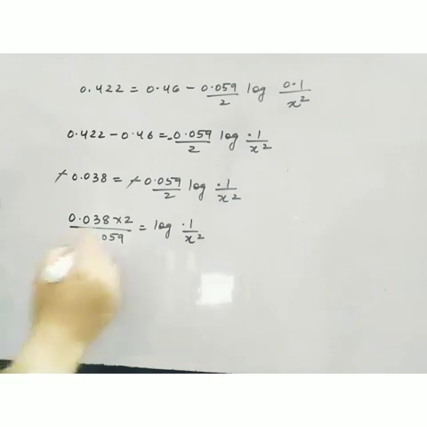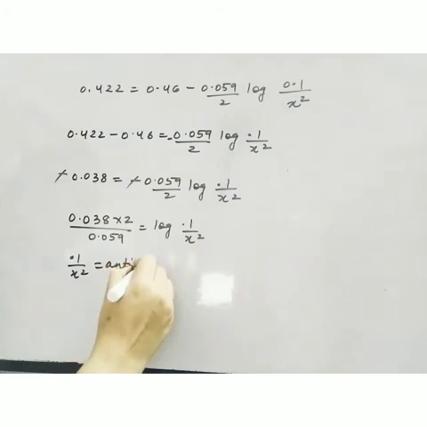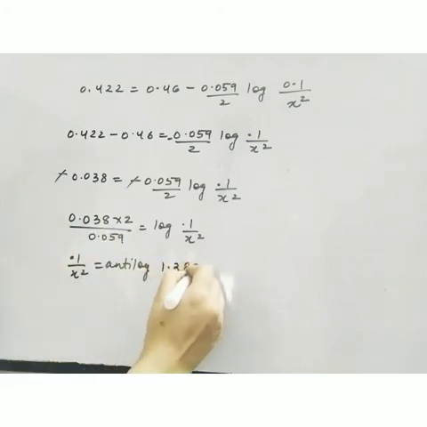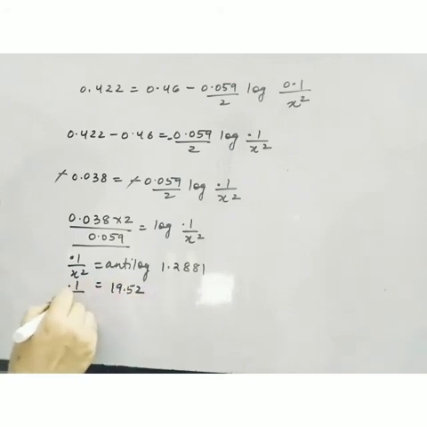Now we'll take antilog of this. So 0.1 upon x square is equal to antilog of this value. Okay, and this value is 1.2881. Now its antilog is 19.52. So 0.1 upon x square is this.